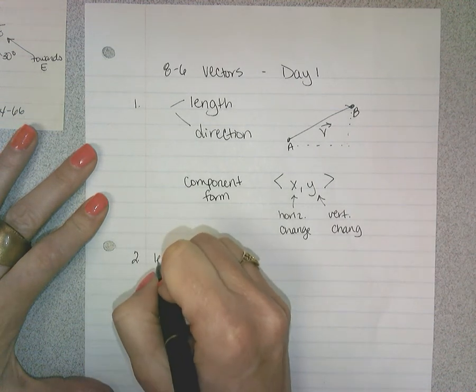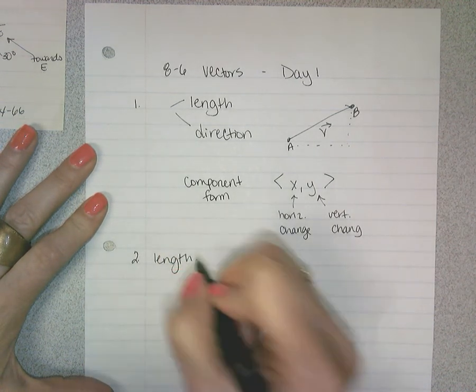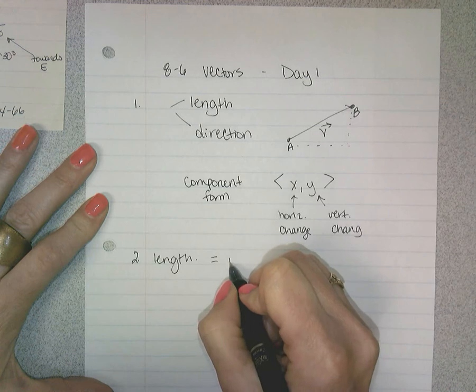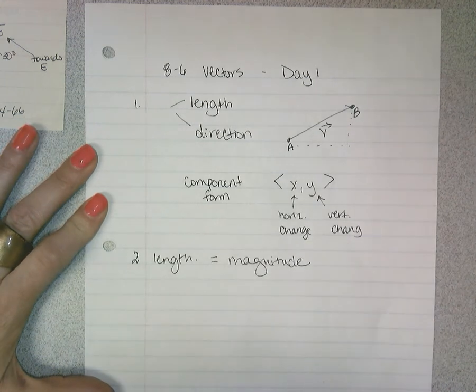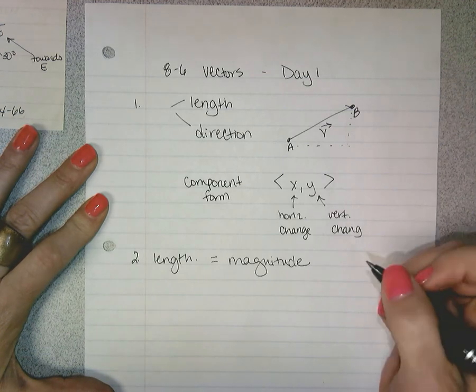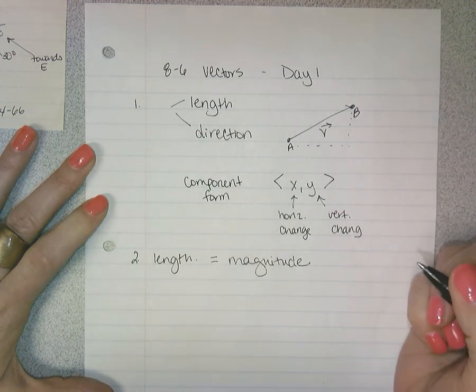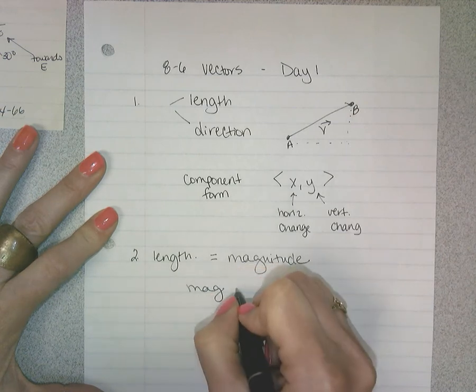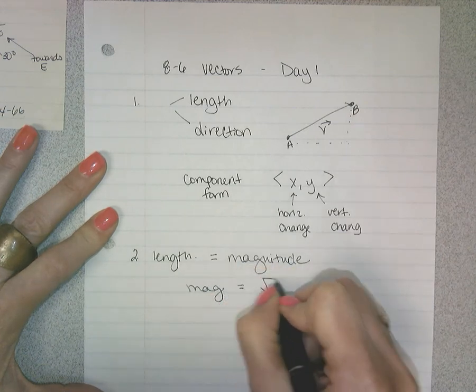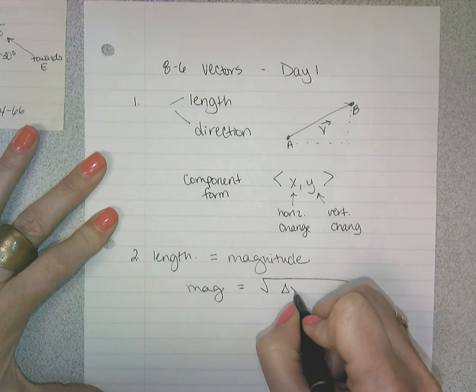Length. Length is called magnitude. Okay? And it's found with the Pythagorean theorem and the distance formula. For instance, you could write this calculation. The magnitude equals the square root of the change in x.